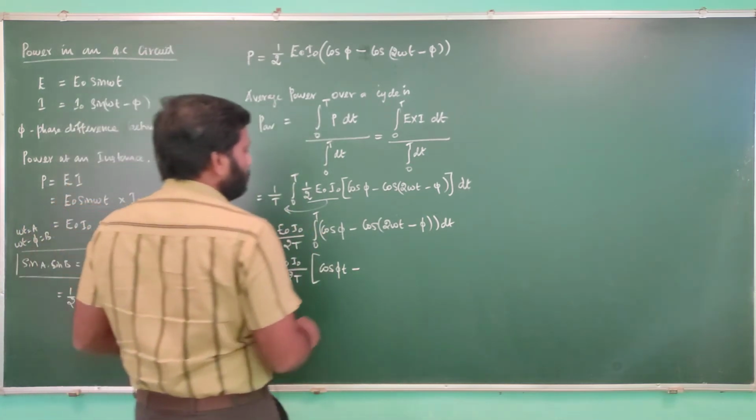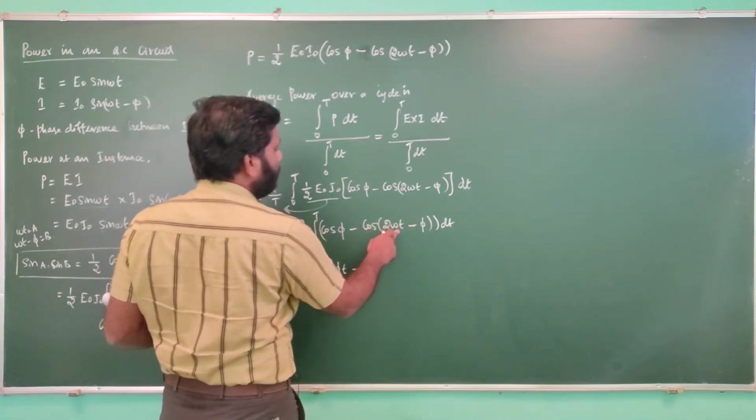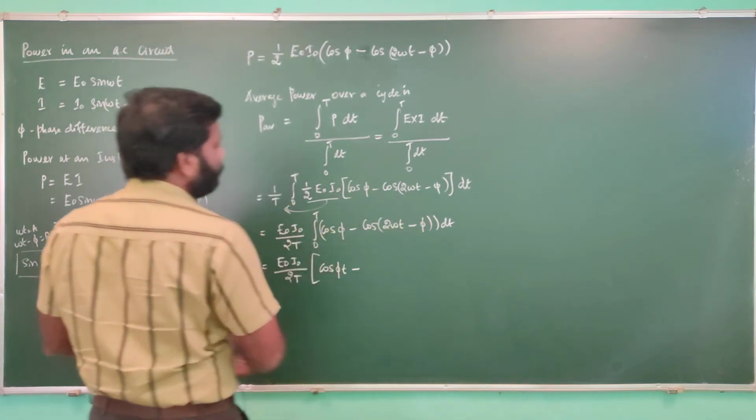Minus, here cos (2 omega t minus phi), right?